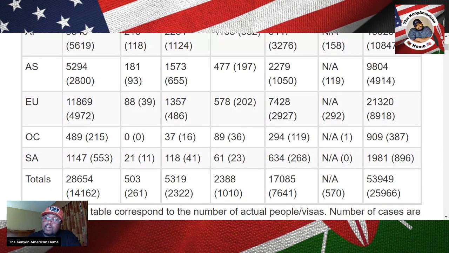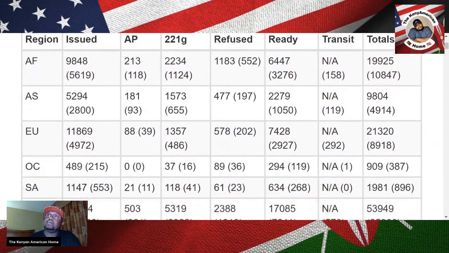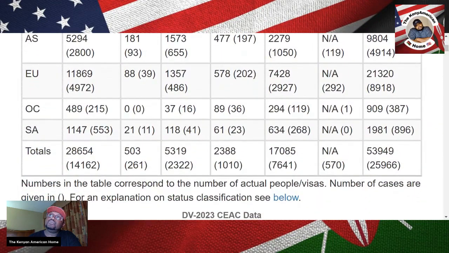The limit is 55,000, but the number that you're looking at is 28,000. So there's been 28,654 visas issued, and there's about 55,000 to go.